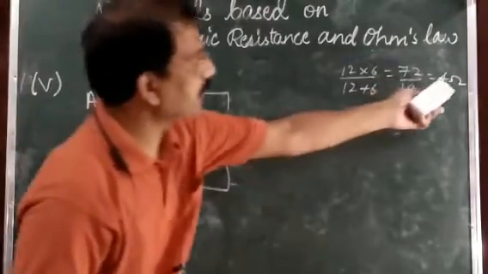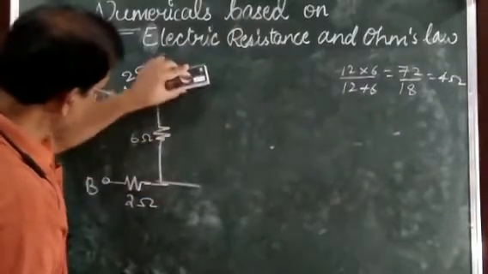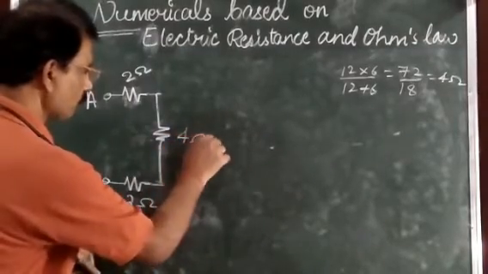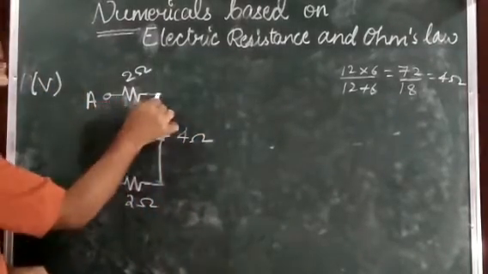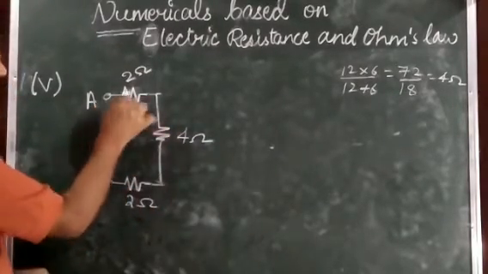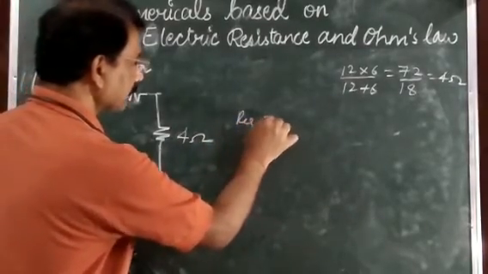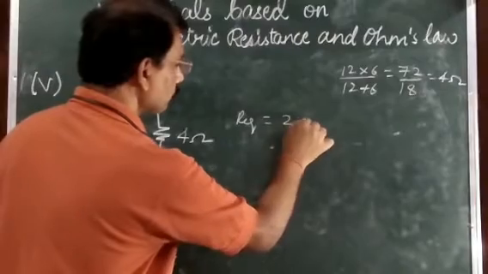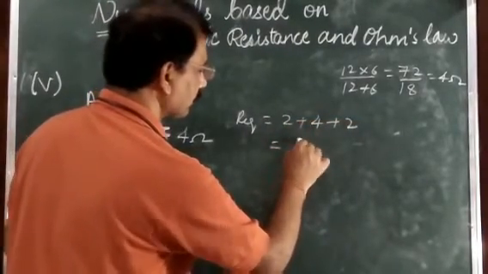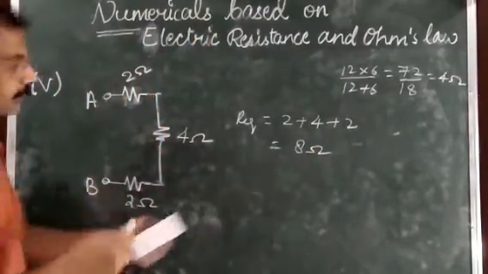Their equivalent, again, you can find out the 4 ohm. So, we can put here a single resistance of 4 ohm. And now, between A and B, all these three resistors are joined end to end. It means their equivalent is equal to 2 plus 4 plus 2. And finally, the equivalent resistance between A and B is 8 ohm.